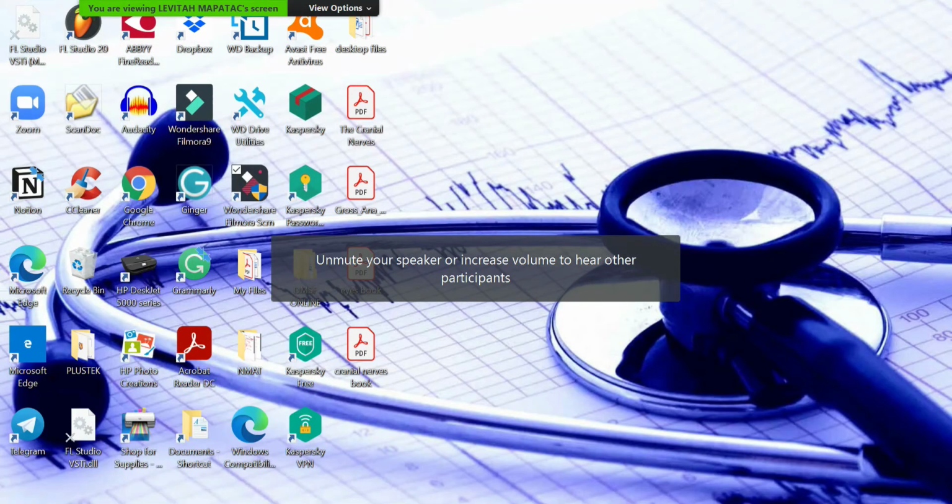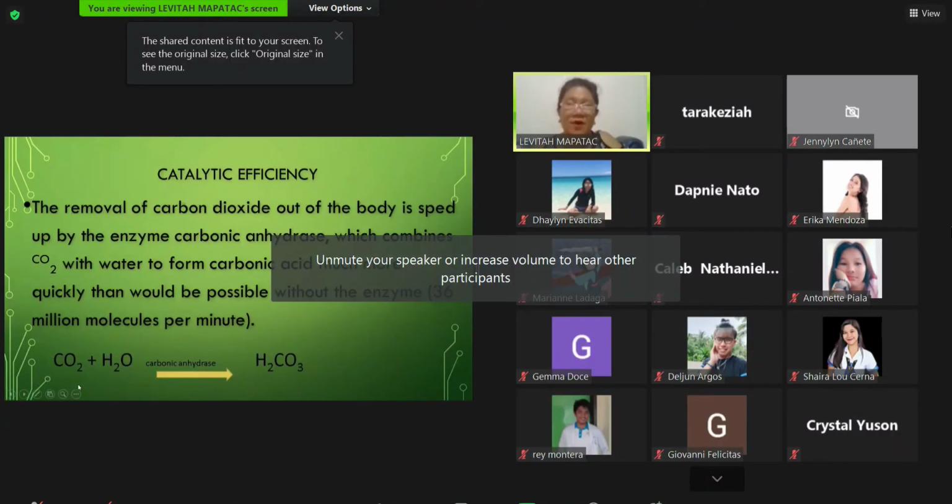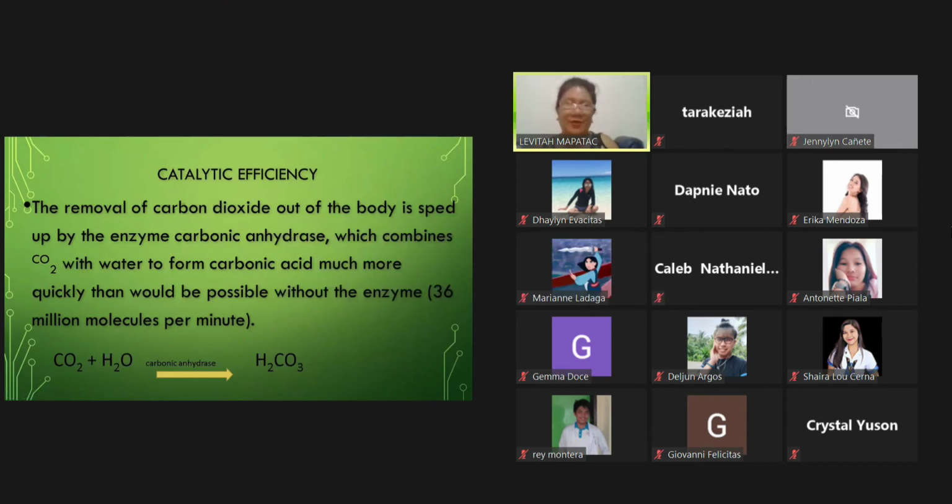An example of this is the removal of carbon dioxide out of the body. Carbon dioxide with water: the process here is hydrolysis.